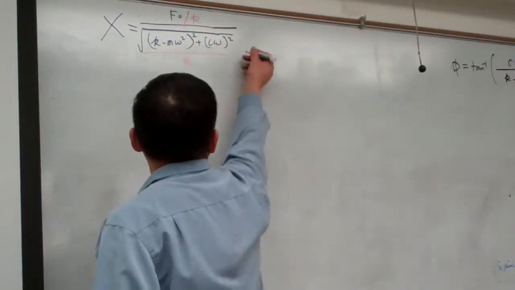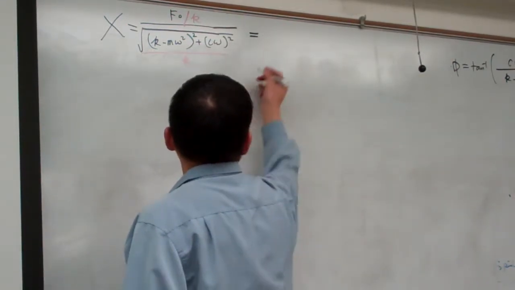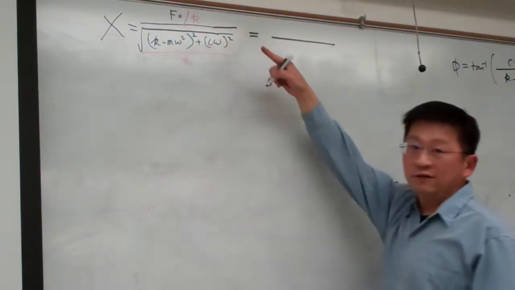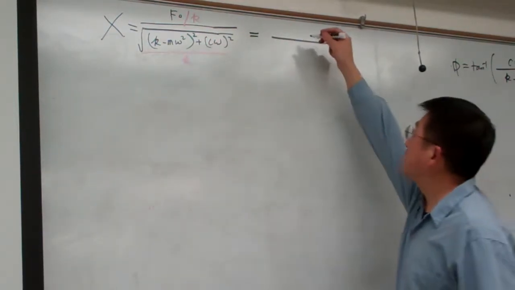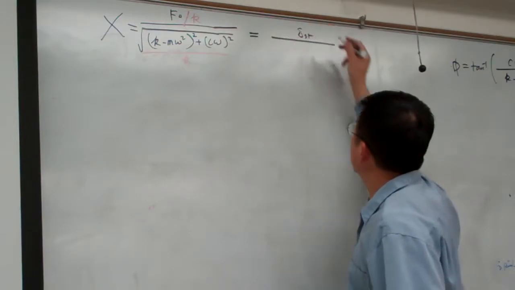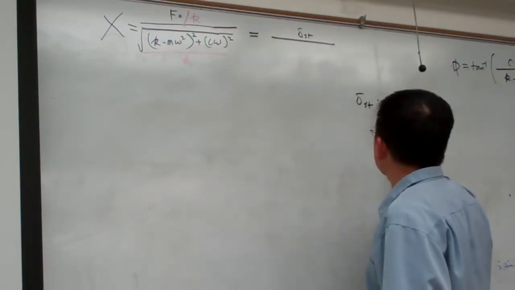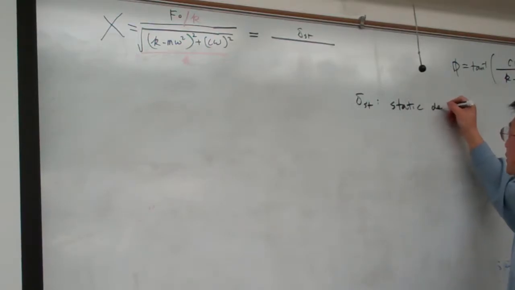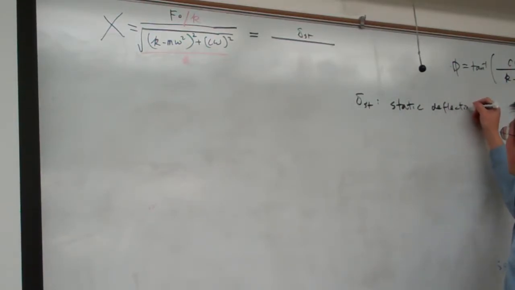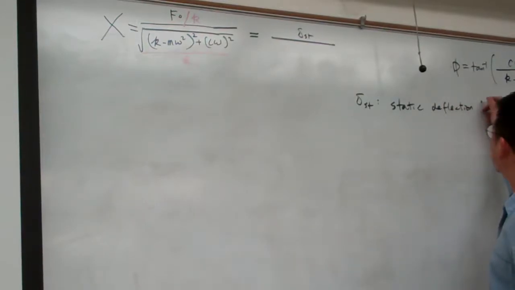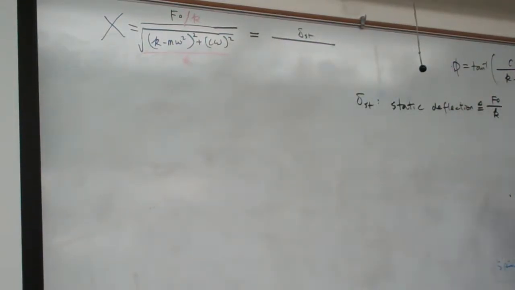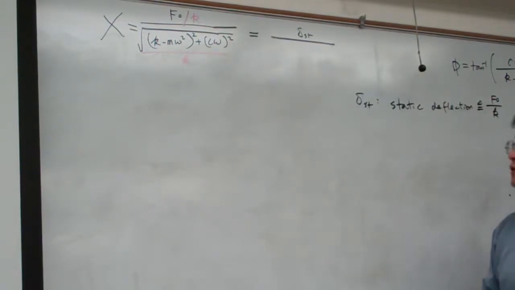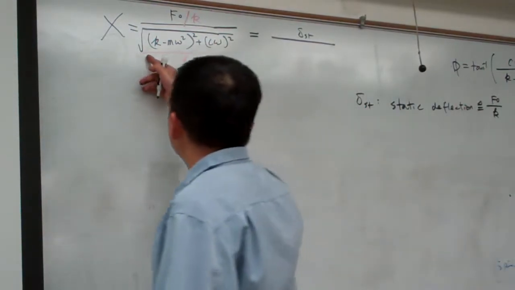From here, F naught divided by k is our definition of delta st. If you forget, delta st is called the static deflection, and it's defined by the magnitude of the force divided by the spring constant of the system. That's the definition.